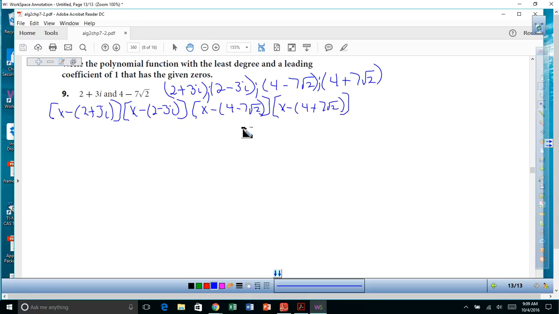Okay, now this is kind of complicated. Just stick with me, and I'll try my best to color code stuff.